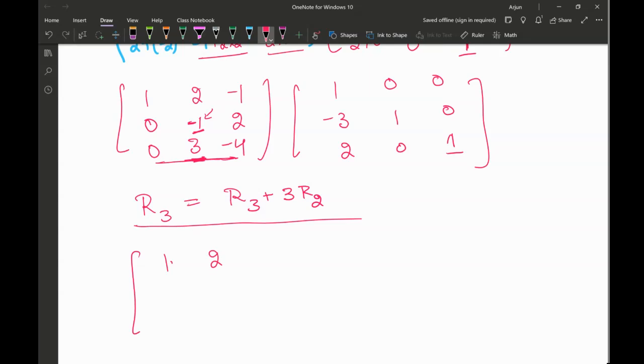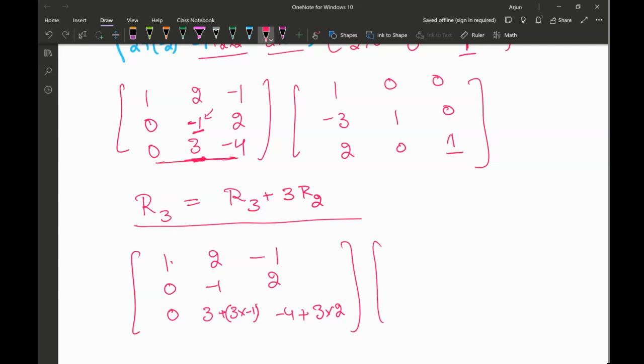So 1 2 minus 1, and this is 0 minus 1 2. This is 0 3 plus 3 times minus 1, and then minus 4 plus 3 times R2, which is 2.